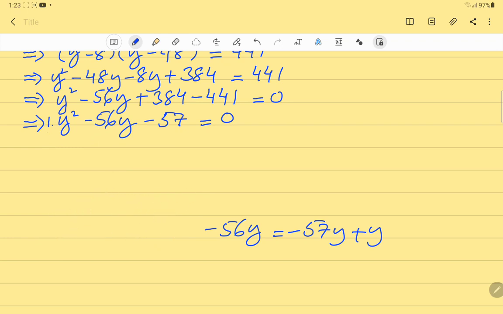Let us replace minus 56y with minus 57y plus y minus 57 is equal to 0.